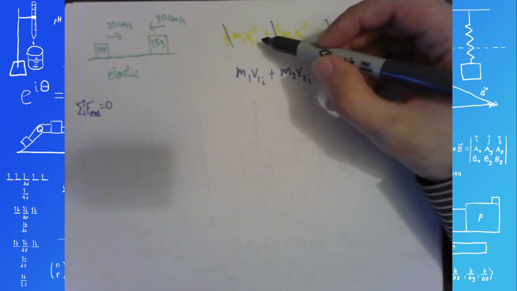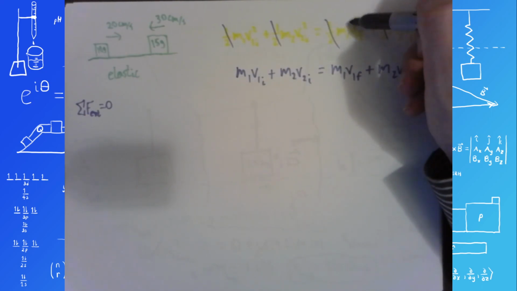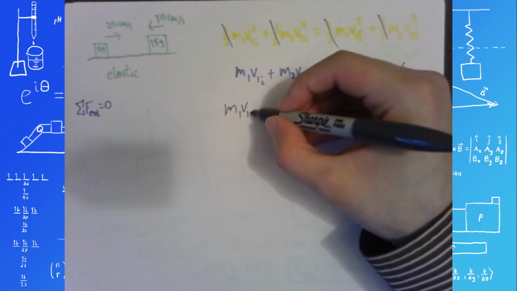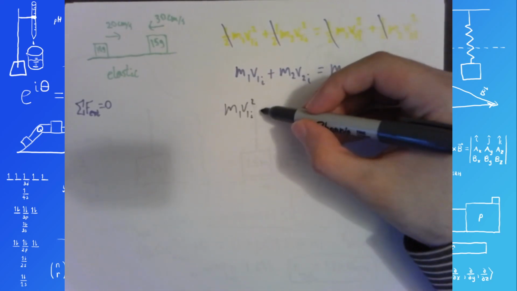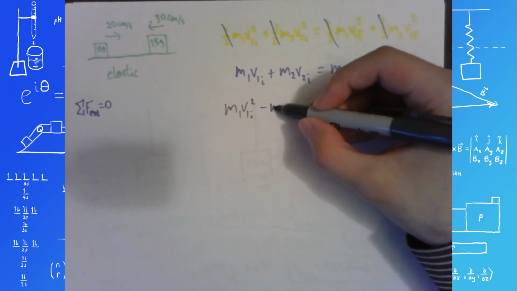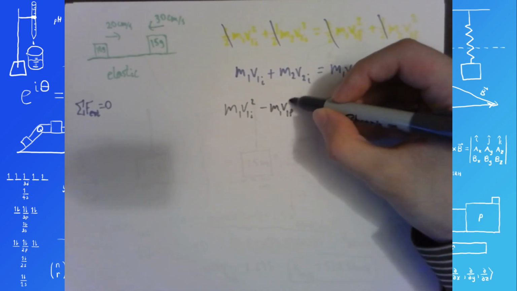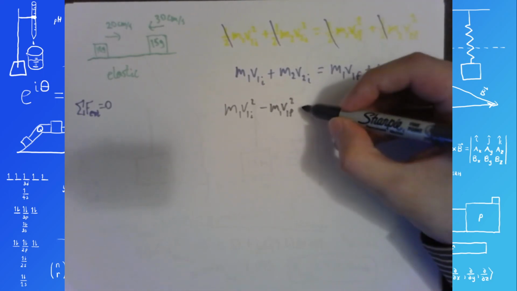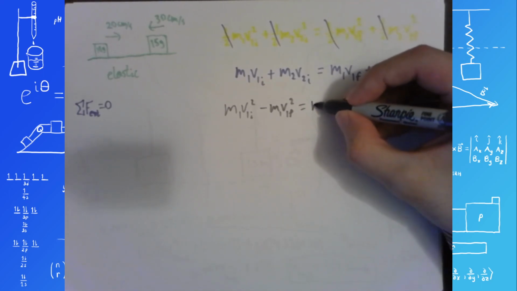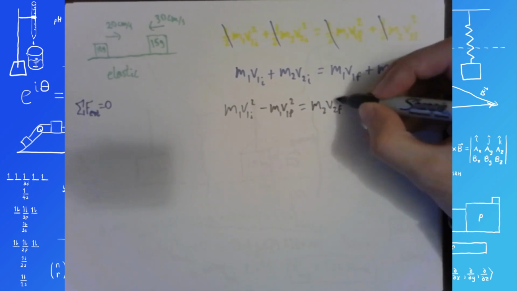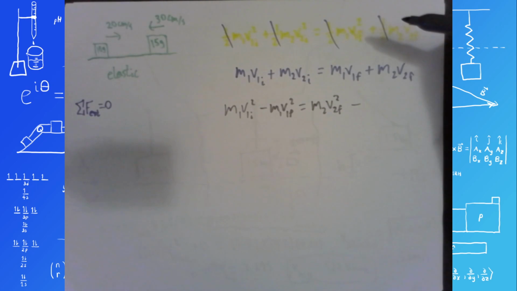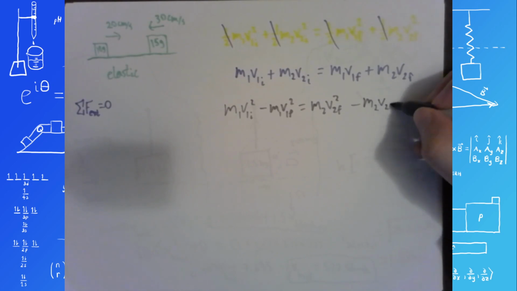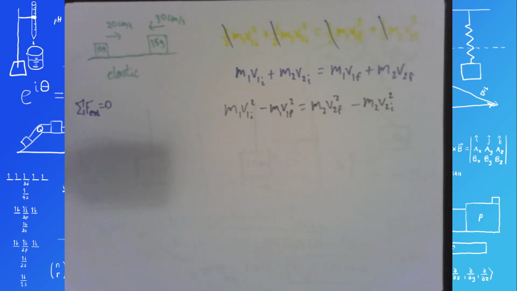So m1 v1 initial squared minus m1 v1 final squared, so that's subtracting that over to the left, and I'm going to subtract this over to the right. So equals m2 v2 final squared minus m2 v2 initial squared. Okay, so that's rearranging the first equation.